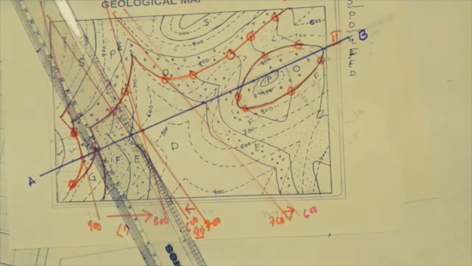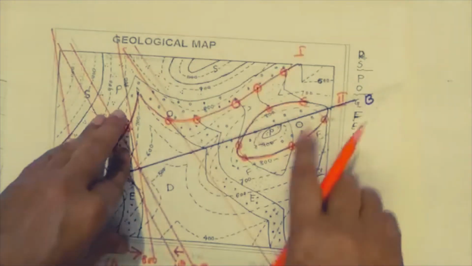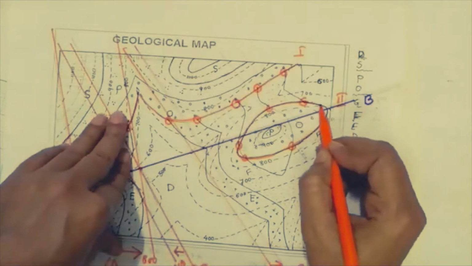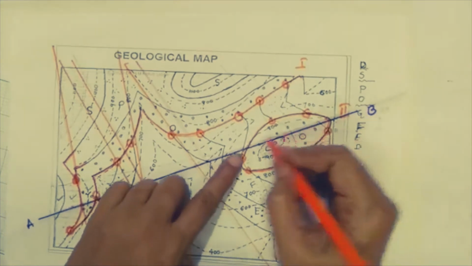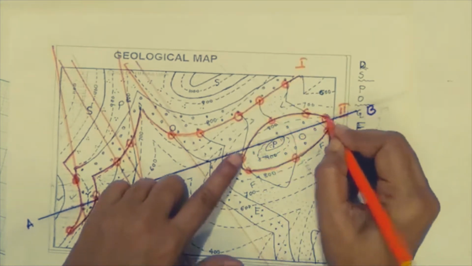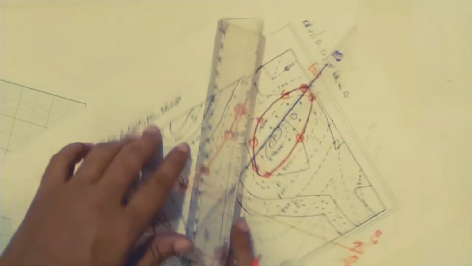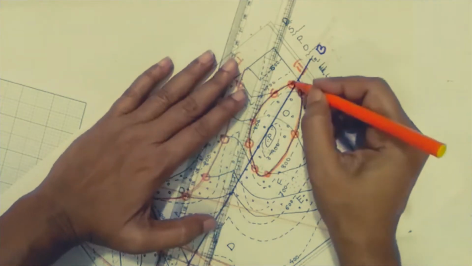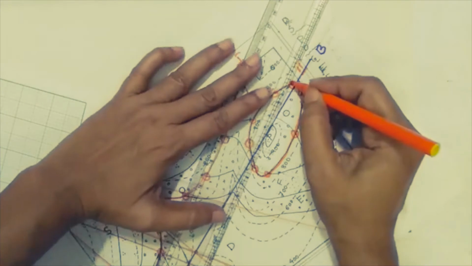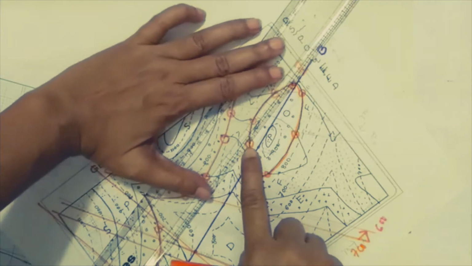Now think about the beds above the line of unconformity, within this zone. Here this contour of 800 feet cuts in that point, and this contour cuts in this point. So you can join these points, this one and this one.